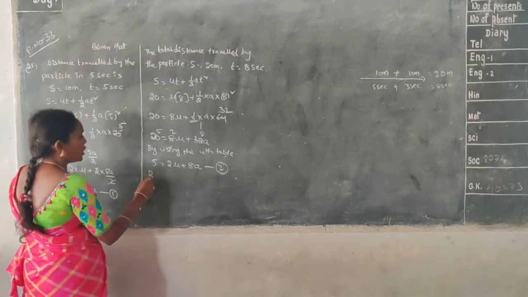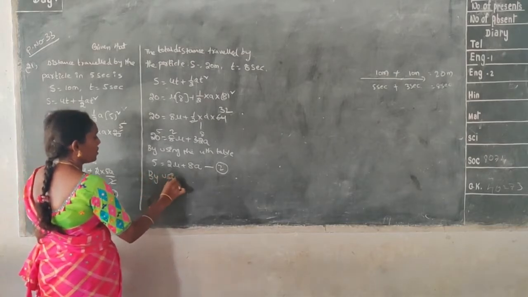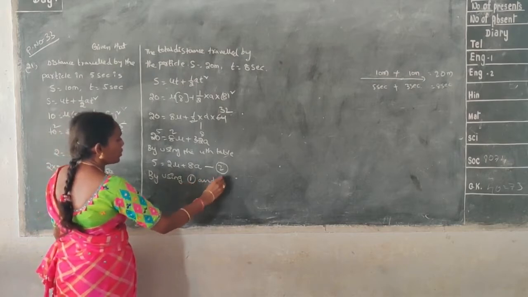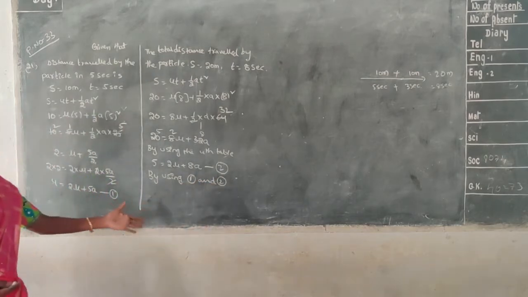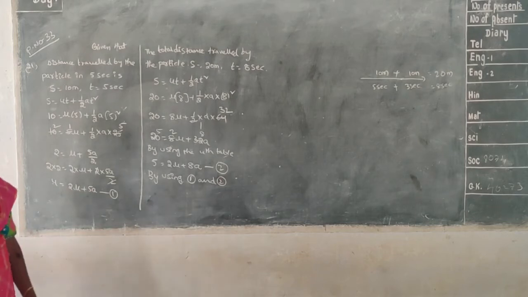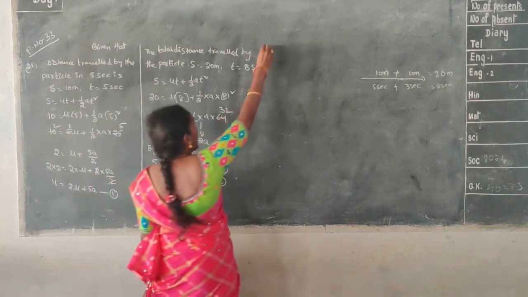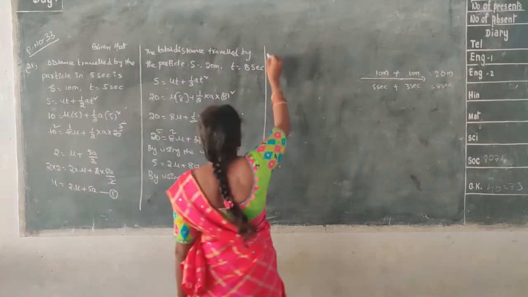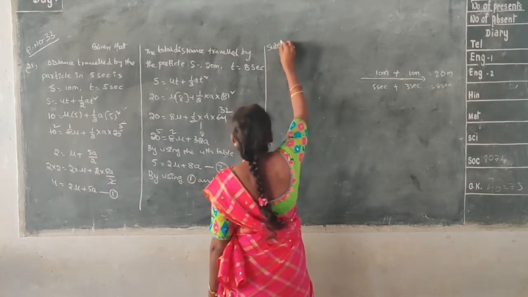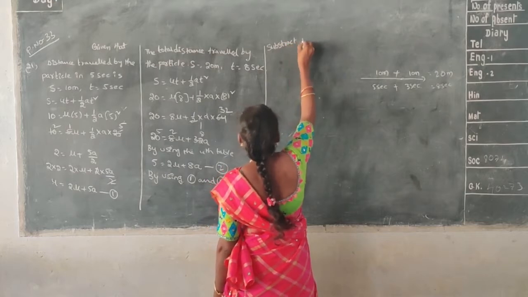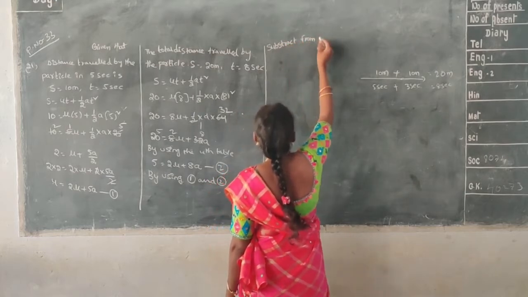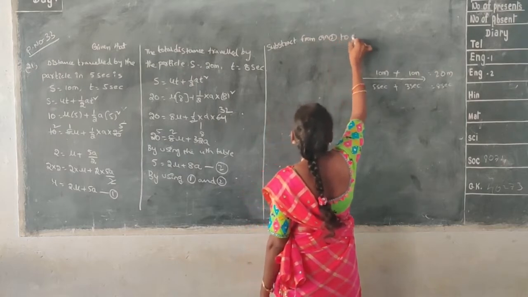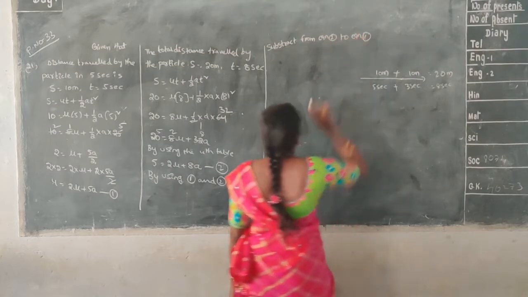By using equation 1 and 2, we can find out the initial speed and initial acceleration of the particle. Here subtract equation 1 from equation 2.